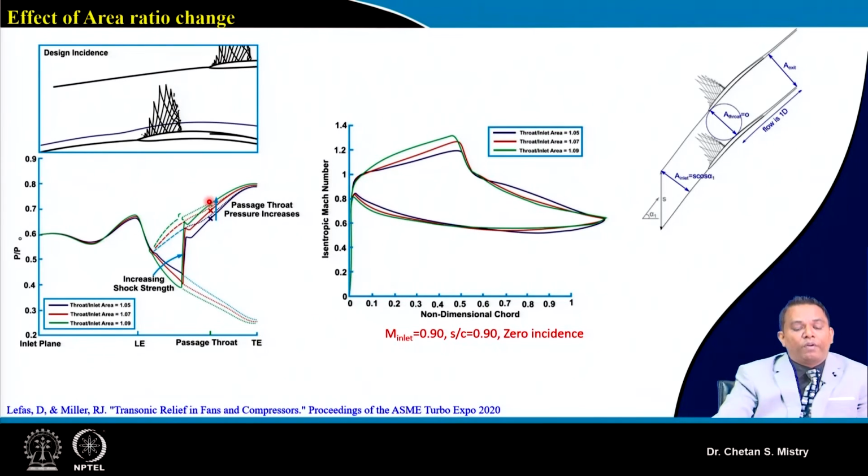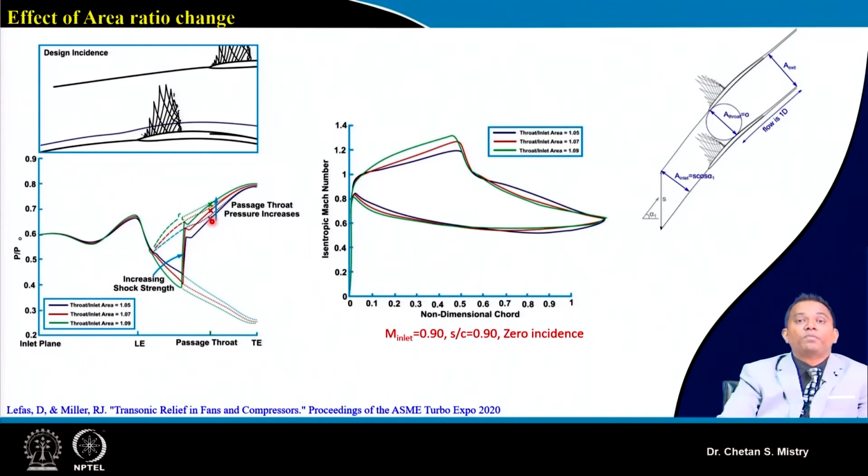And the throat location comes at the same place, but the placement of the shock is somewhat different. So, we can realize how we are managing our flow by changing the area ratio. This is also one of the possibilities.